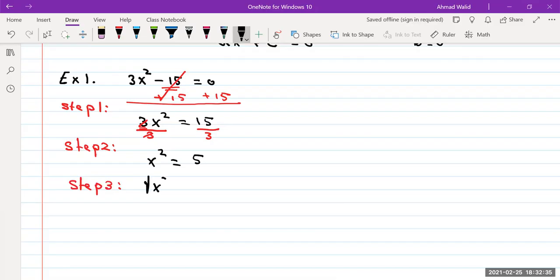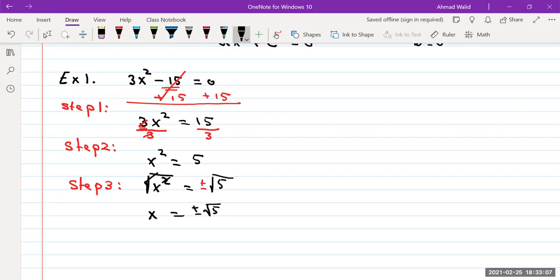The square root of x squared equals, always first put a plus minus sign, and I explained the reason why: because you know the square root of a number can be 2 positive numbers or 2 negative numbers, correct? Now, these 2 cancel out, x equals plus minus square root of 5.